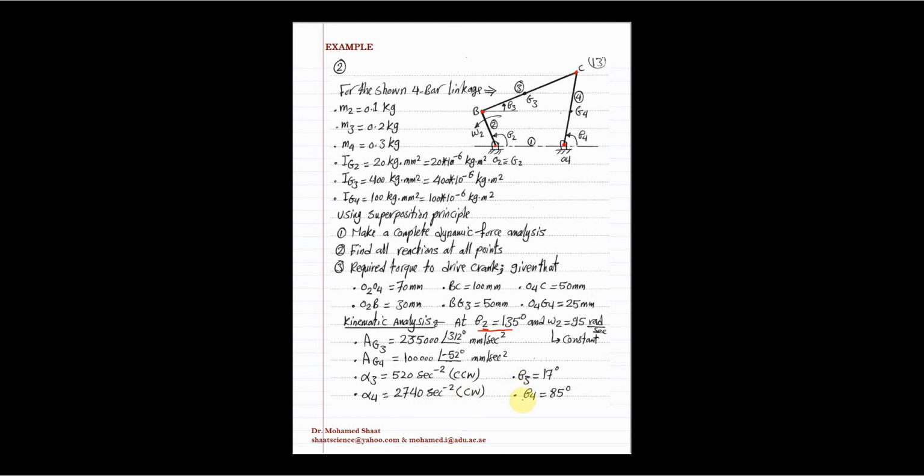And theta 3 and theta 4 are the angles already given in order to regenerate the geometry of this mechanism. So all of this information was provided to us. Most of this information relates to the position and kinematic analysis part. So it means that you're going to skip the first step, which is the kinematic analysis, and you're going to go directly to the force analysis.